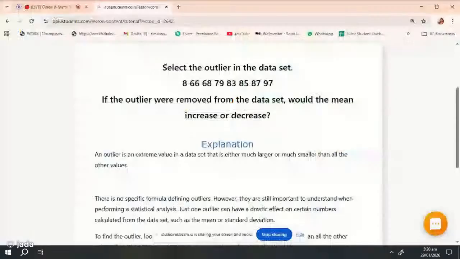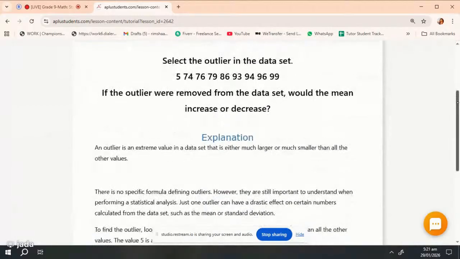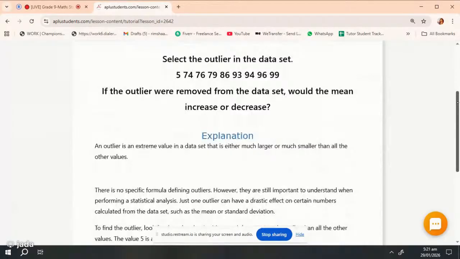here is a different question. Okay, so basically select an outlier in this data, we see 5, 74, 66.